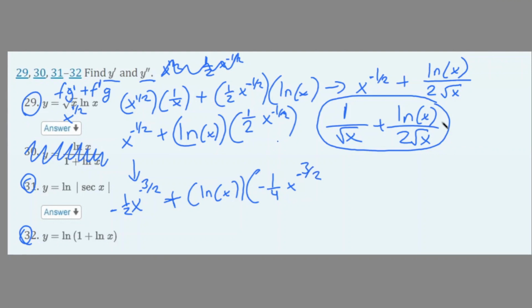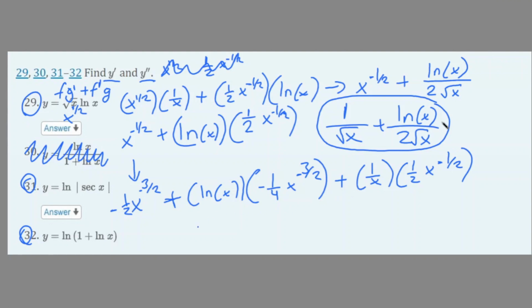So when you find the derivative, you subtract 1 from the exponent. Negative 1/2 minus 1 is negative 3/2. And now that's going to be added on to f prime of x, which is going to be 1 over x, multiplied by g, which is going to be half x to the negative 1/2 power.